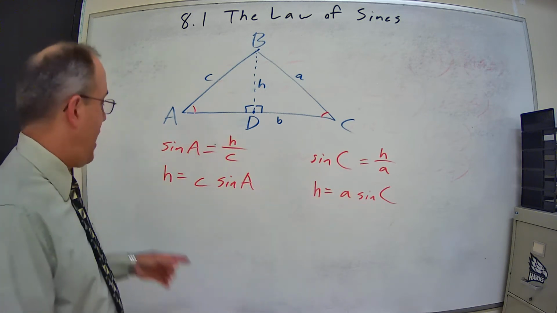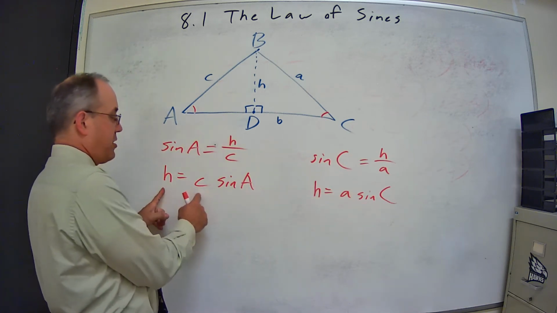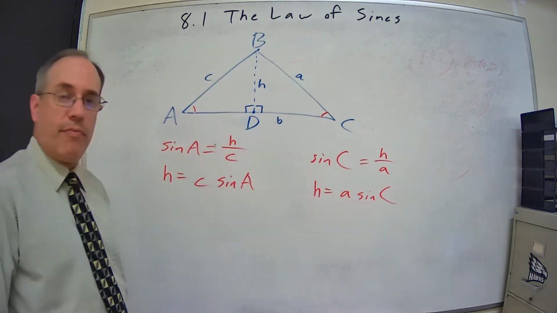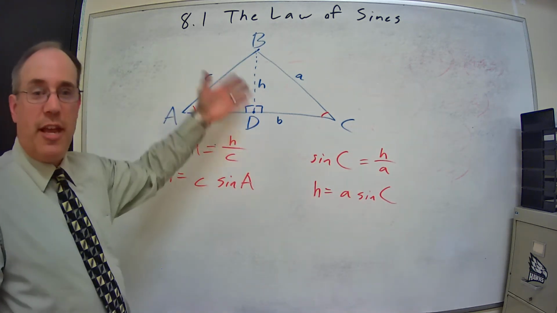So that's great, but now I have H equal to C sine of A. I have H equal to A sine of C. Obviously it's the same H, right?